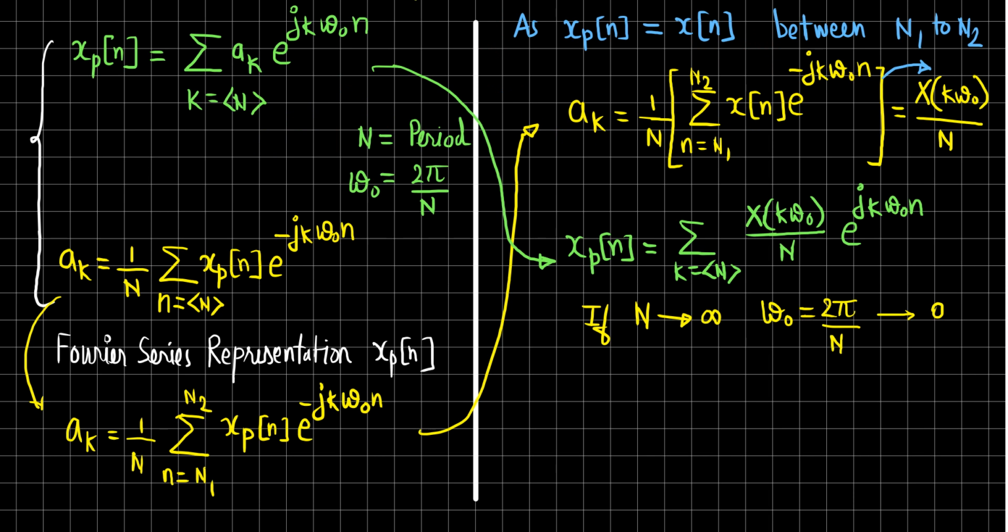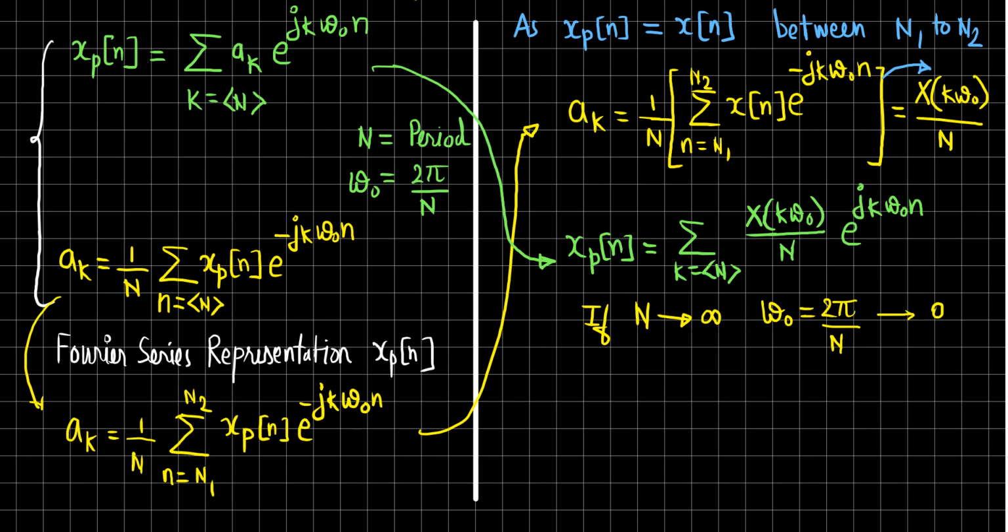Now let's see what happens with the equation here. As N tends to infinity, omega naught tends to 0, and this X of k omega naught is going to take the shape of a continuum, so it will become X of small omega and e power j small omega times n.